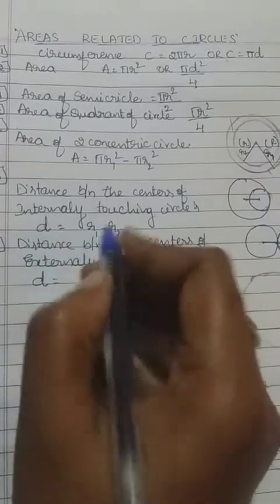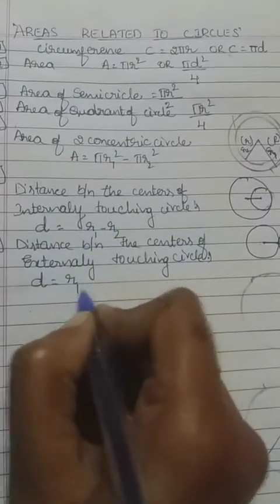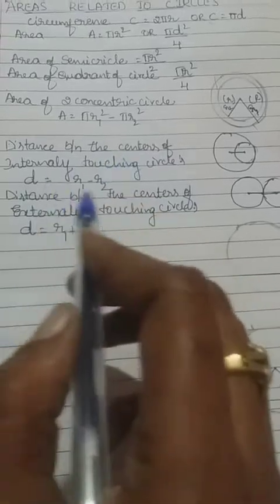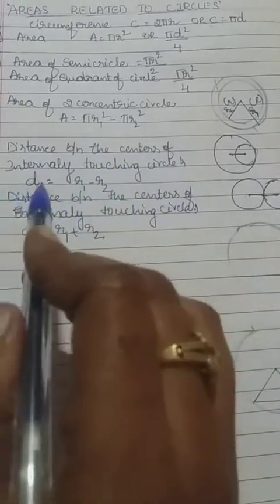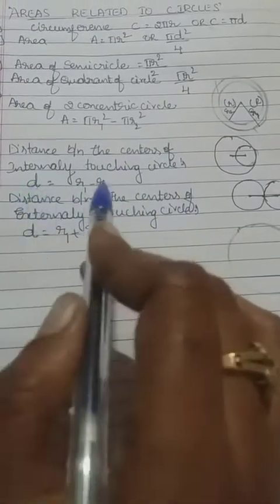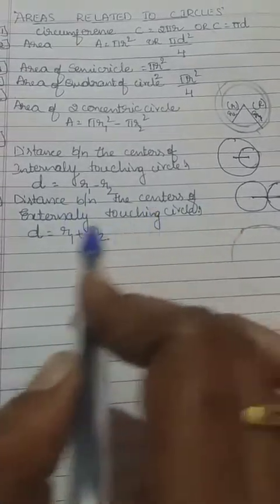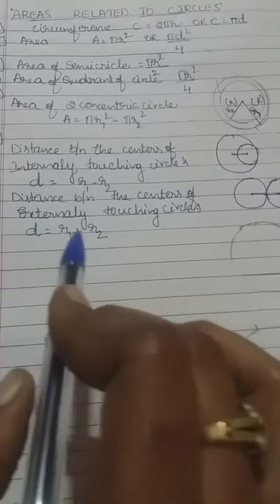Here it was subtracted, but here we want to add, that is r1 plus r2. d equals r1 plus r2. Note down: if the two circles are internally touching, then the distance between their centers is r1 minus r2. If the two circles are externally touching, then the distance between the centers is d equals r1 plus r2.